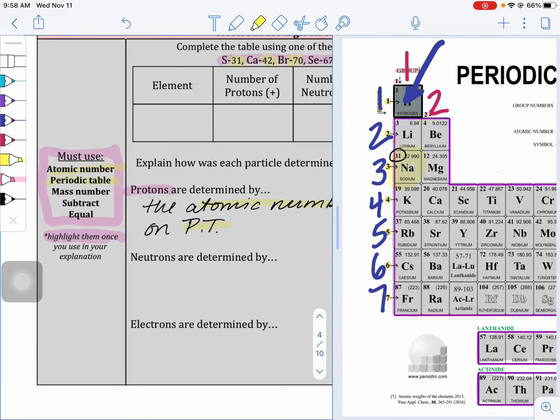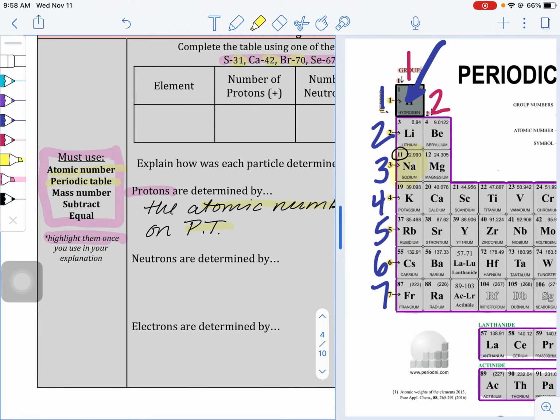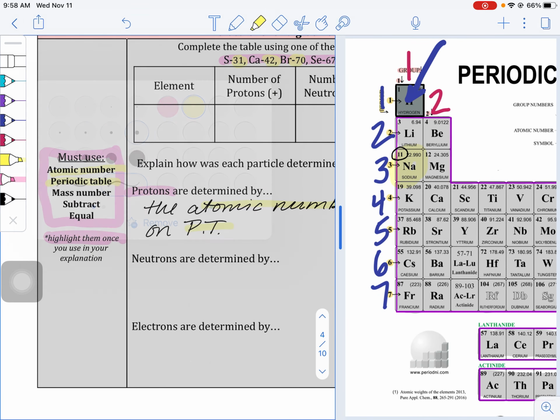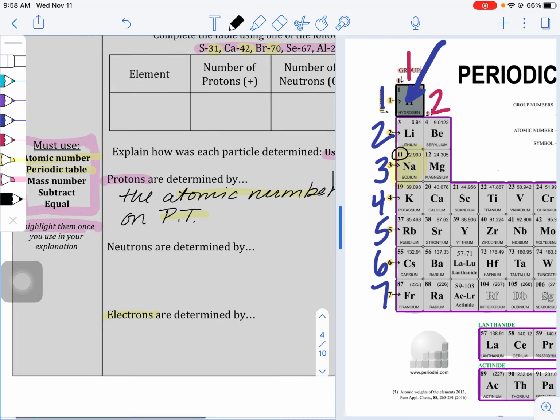Okay, neutrons and electrons I'm getting a little bit differently. You might remember that electrons down here are actually the same number as the protons because we need everything to balance out.